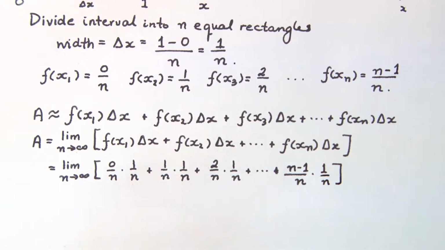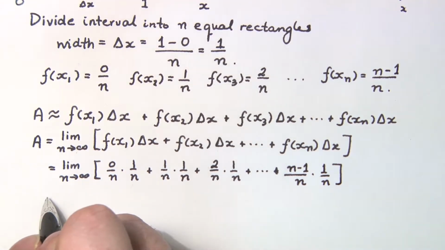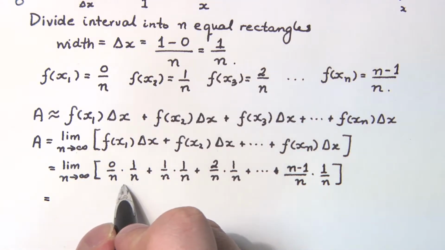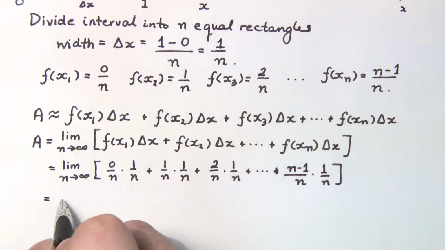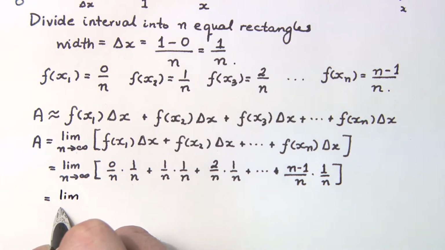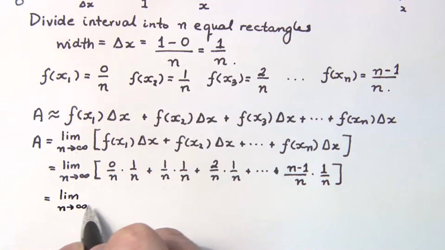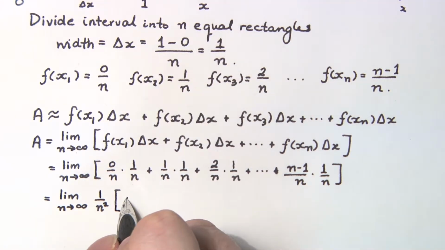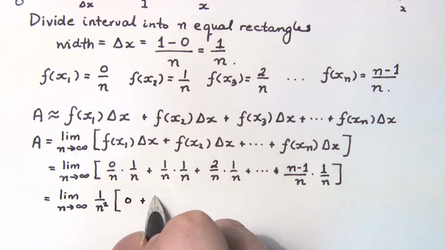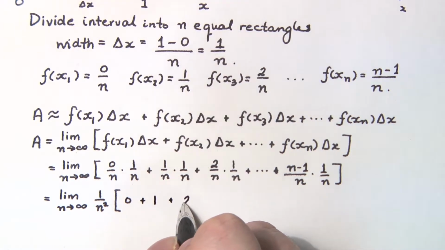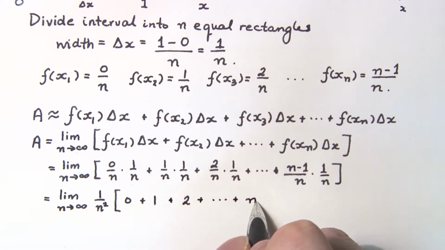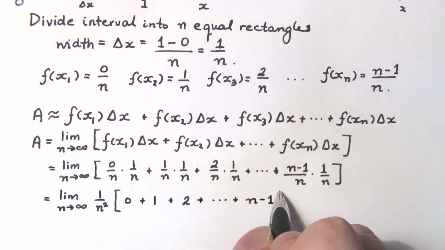Okay. So I notice that I have a factor of 1 over n squared in each of them, so I'm going to pull that out. So now I'm left with 0 plus 1 plus 2 plus all the way up to n minus 1.